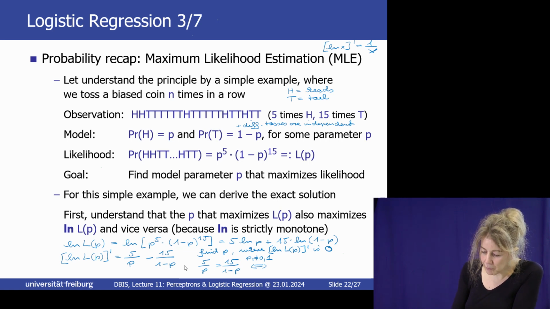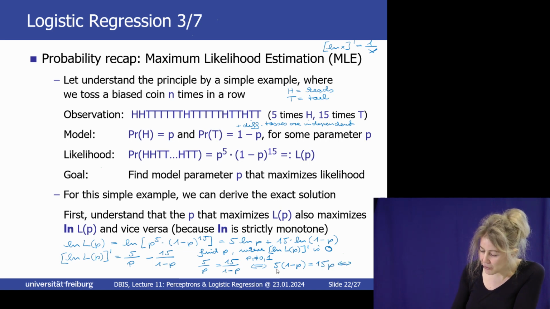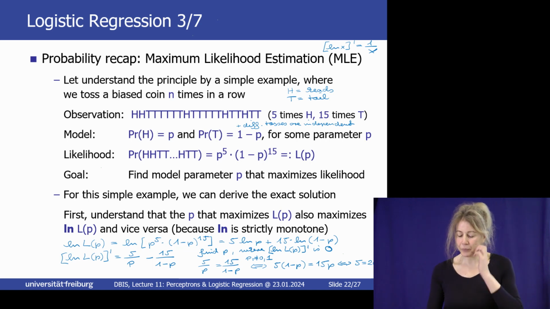Let's multiply by p and by 1 minus p. Then I get 5 times 1 minus p is 15 times p. One more step, plus 5p, it's 5 is equal to 20p, I think. And that's p is 1 over 4, right?